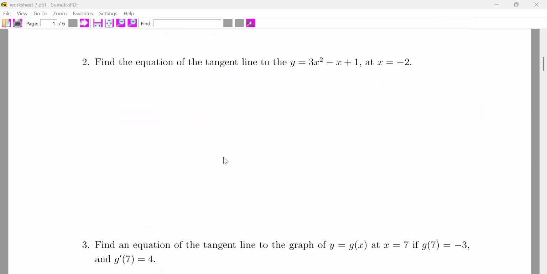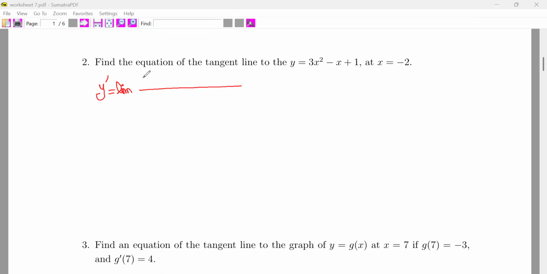For question number 2, when we want to find the equation of the tangent line, again, we are going to find the slope. And the slope here is the same as y prime. So by definition, we have the limit of f of x plus h, which means that you replace x by x plus h here.